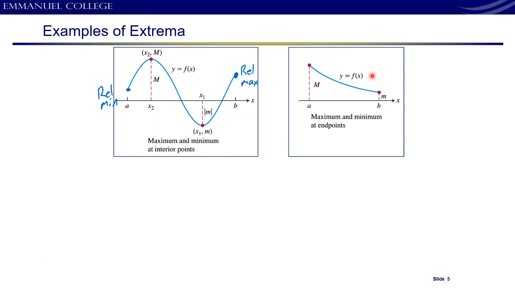The second graph has only absolute max and absolute min, which means they're also relative max and relative min as well, but we have none other than those two endpoints. So sometimes your only extrema are going to be on the endpoints just based on the nature of the function.